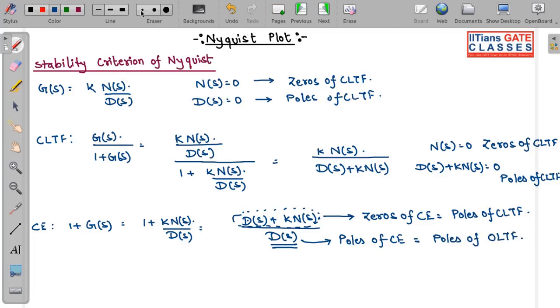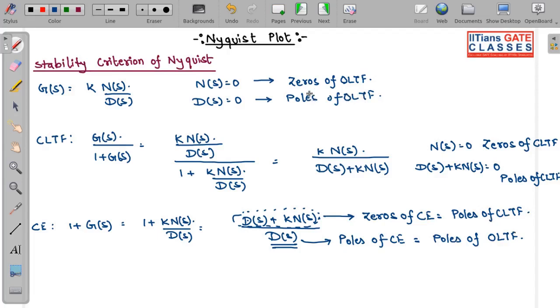Sorry, over here I had written the poles of CLTF. So this will be the zeros of OLTF and poles of OLTF. Okay, so very sorry. So you can see that this is equal to the poles of OLTF. Okay, up to this point I hope everything is clear.